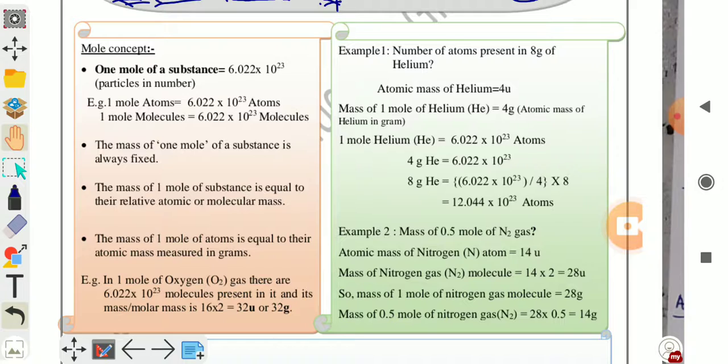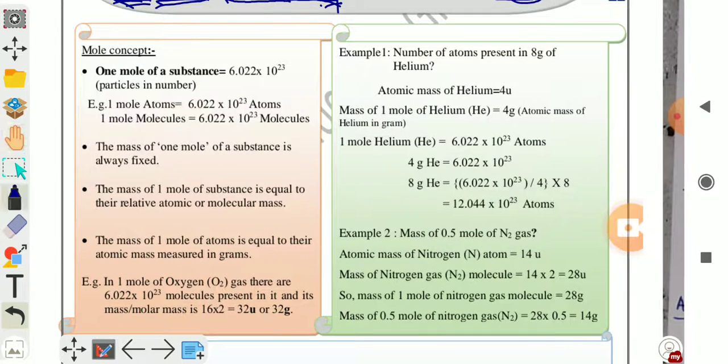For example, 1 mole of atoms is equal to 6.022 into 10 raised to the power 23 particles. 1 mole of molecules is equal to 6.022 into 10 raised to the power 23 molecules. So the number of particles is constant in 1 mole of any substance. It may be atoms, molecules or ions.